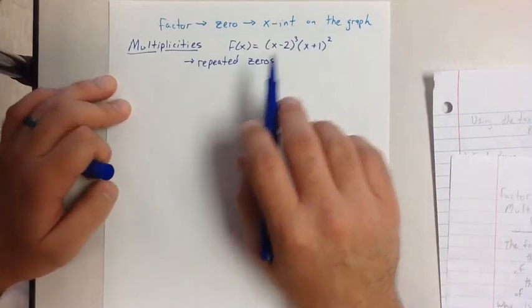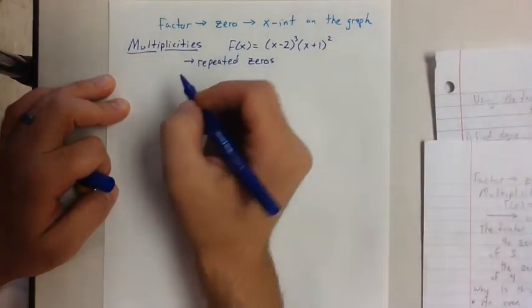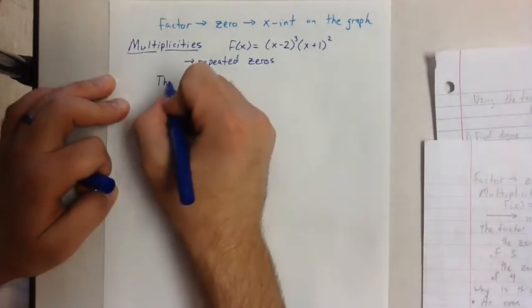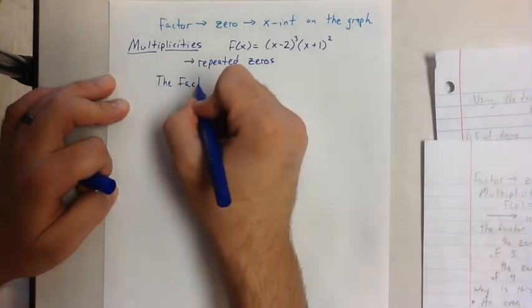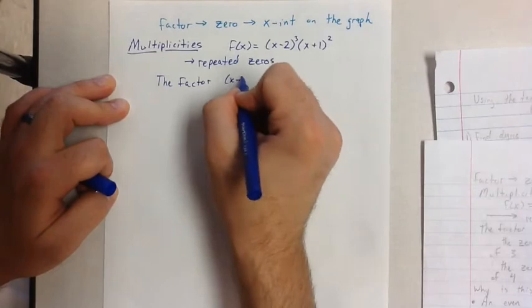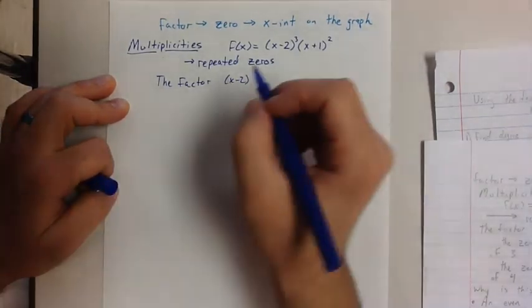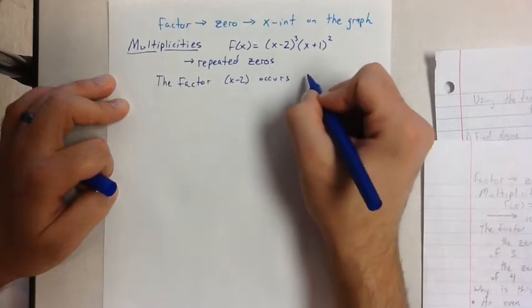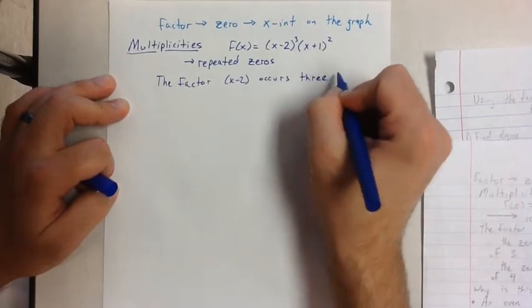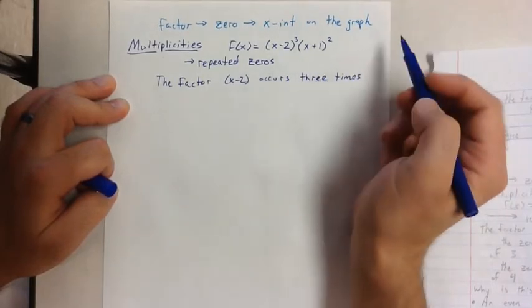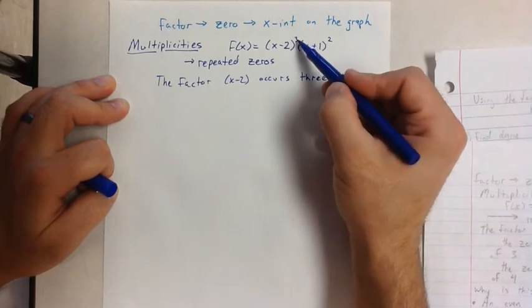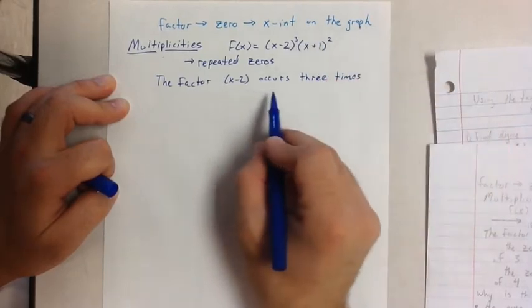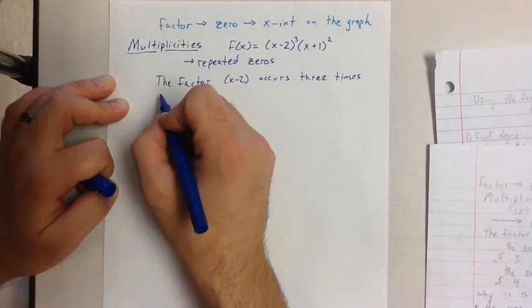Let's look at the factor of x minus 2. Looking at our function, the factor of x minus 2 occurs 3 times. I know that by the degree it has. So the factor occurs 3 times.